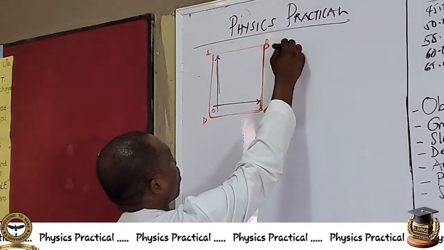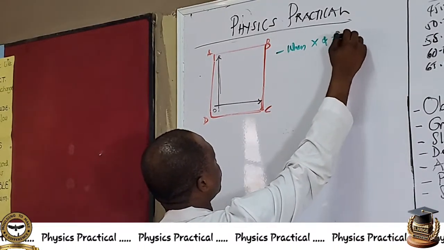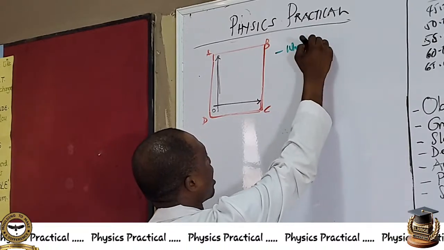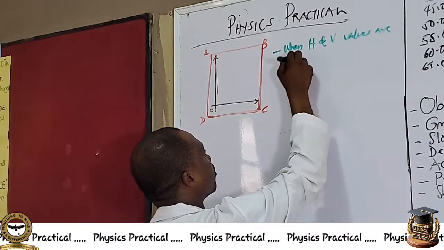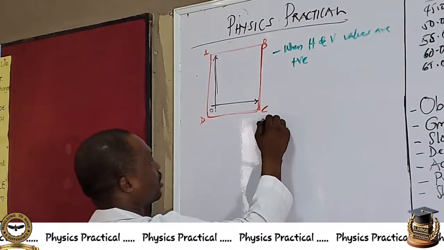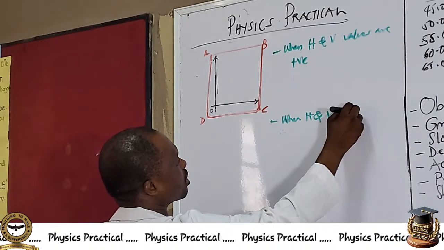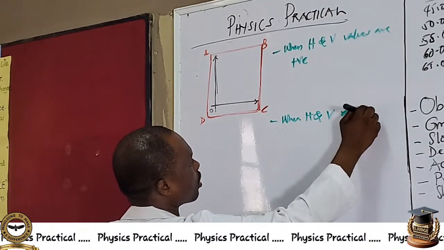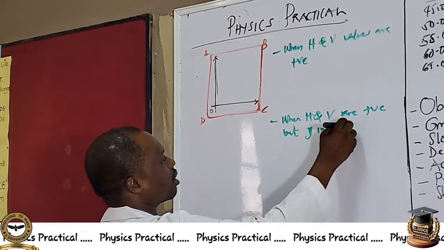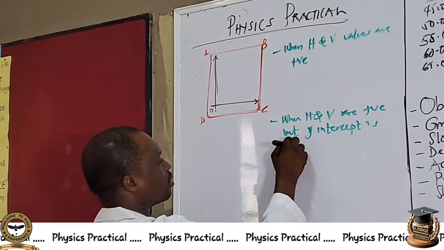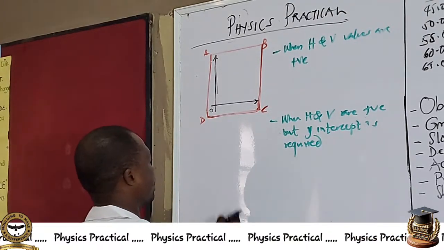This is for when x and y values, or let me just write horizontal and vertical values, are positive. This one is also when h and b are positive. They are all positive, but the y-intercept is required. Then you have a kind of graph like this.